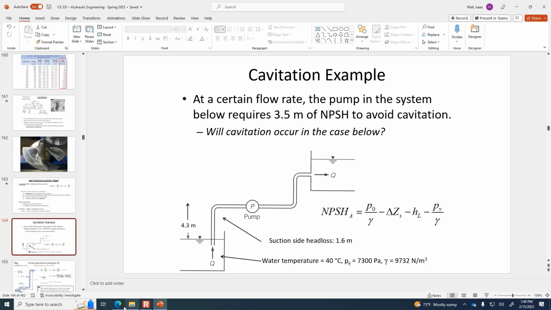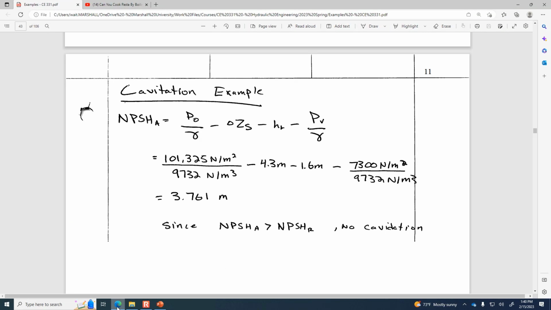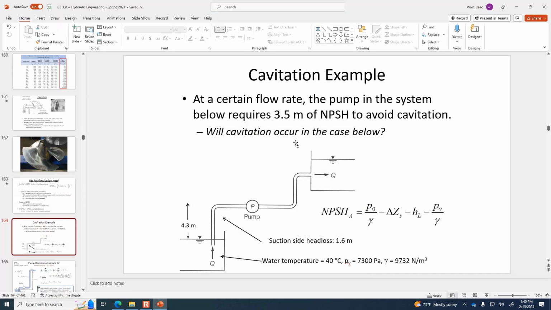Our available amount is 3.76 meters, and the required is 3.5. So how much further can the water level fall in the source tank before cavitation occurs? Another 0.2 meters. So if the water level falls more than about a foot, then cavitation is going to start in the pump. So this is actually kind of a risky situation.